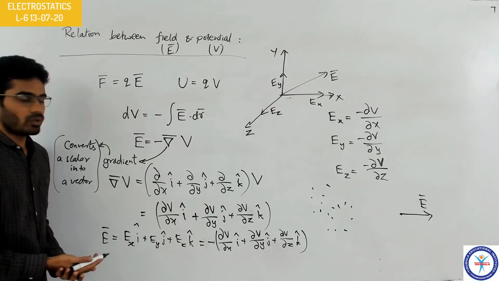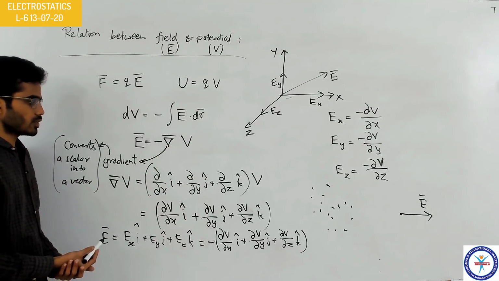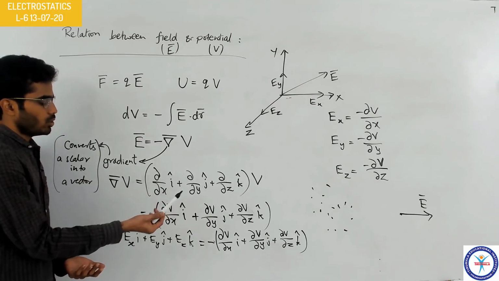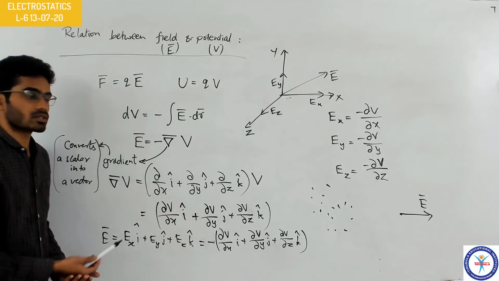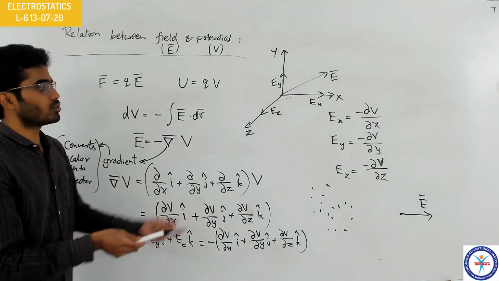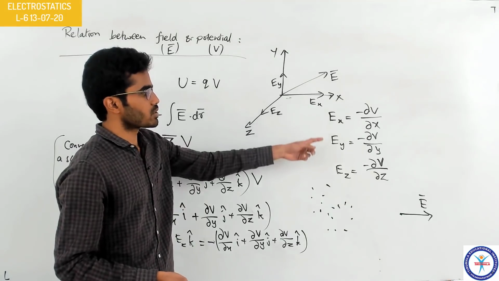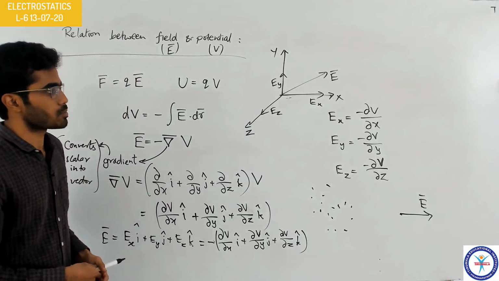So how do we do that? All you need to know is the potential function. So you perform this operation. You take partial derivatives with respect to x and with respect to y and with respect to z. Negative of those values will be the x component, y component, z component of the electric field correspondingly.